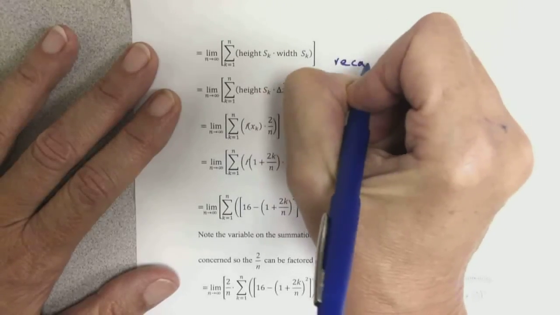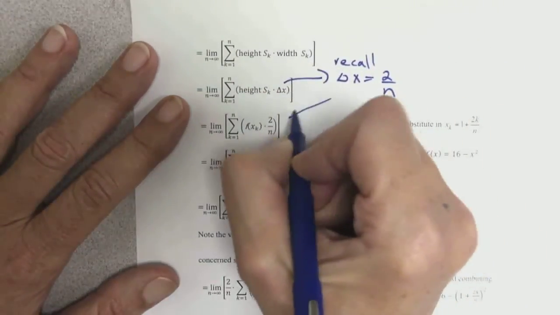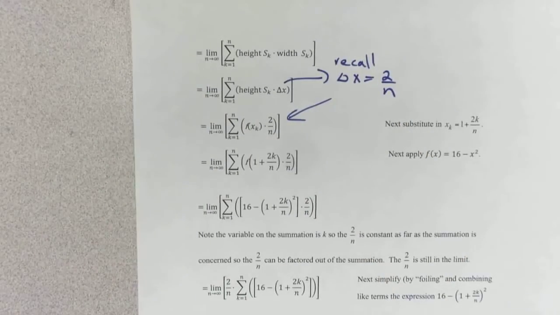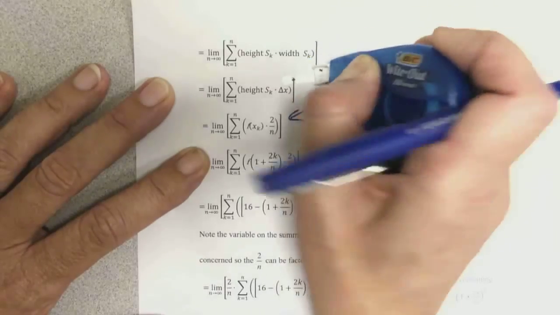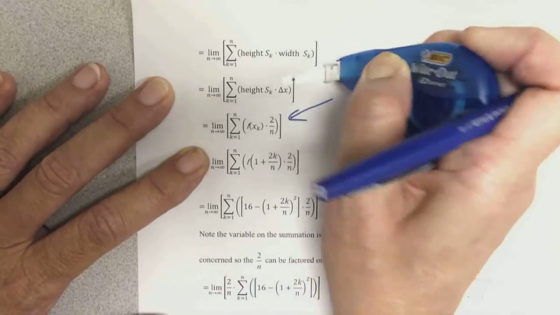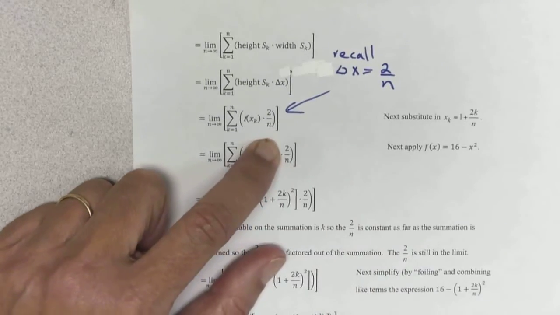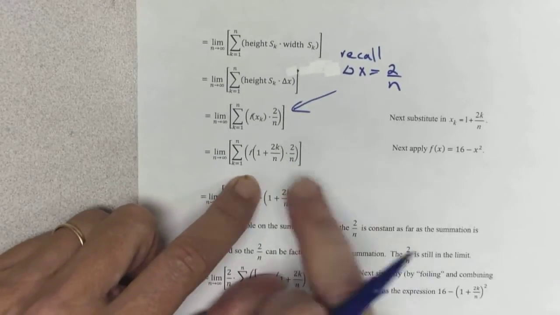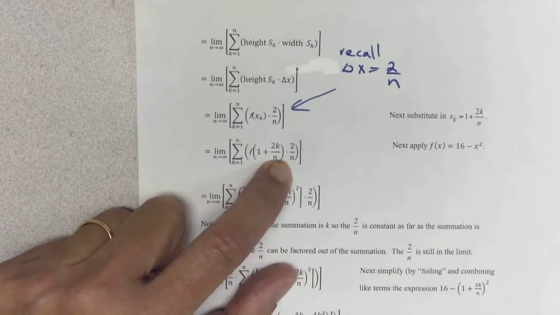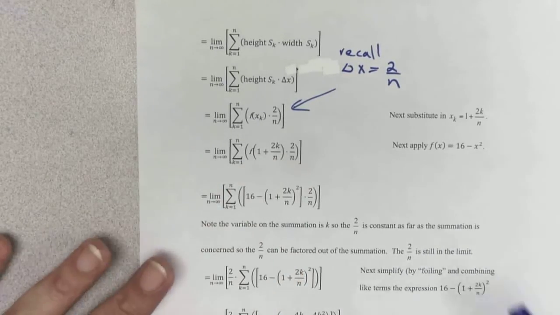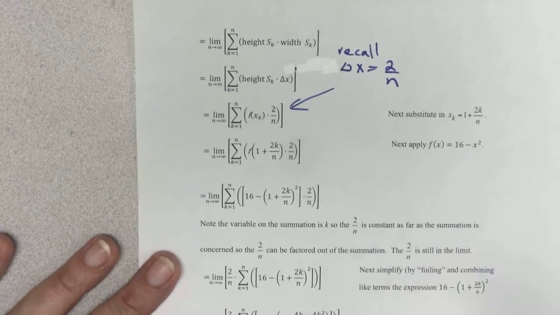Recall, delta x is 2 over n, and so that goes right there. There, that's better. So there's 2 over n. Then x sub k is 1 plus 2k over n, so I have f of 1 plus 2k over n times 2 over n. And now I'm going to apply my function 16 minus x squared.